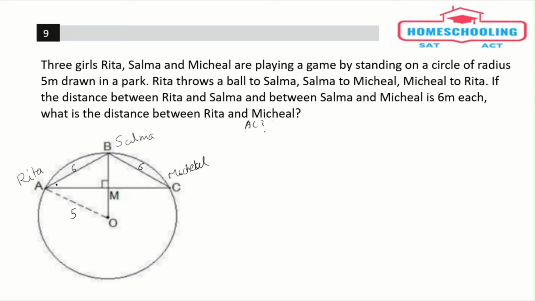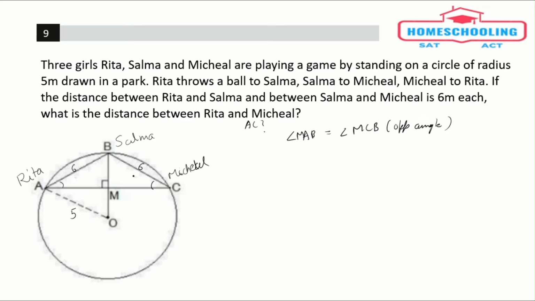As we know, AB is equal to BC. So these two sides are equal, hence angle BAM is equal to angle MCB. So they are opposite angles of equal sides.